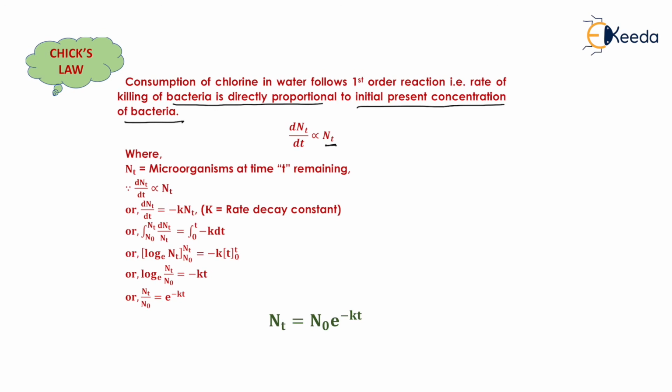We just need the final formula of Chick's law: Nt = N₀ e^(−kt). N₀ is the initial concentration of bacteria present in that water, that is 100%. k is the rate decay constant, t is the time, and Nt is the microorganism remaining after time t. Clear? That is Chick's law.